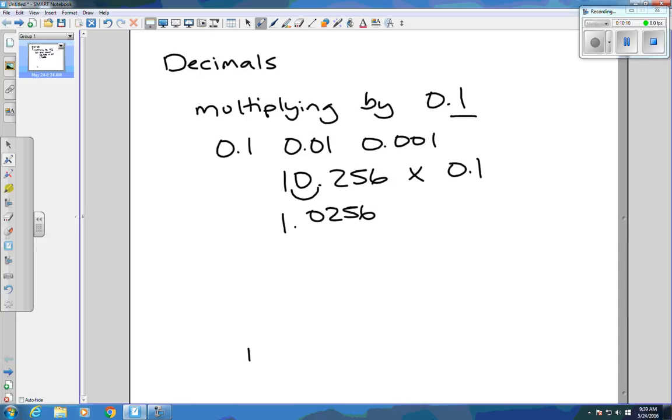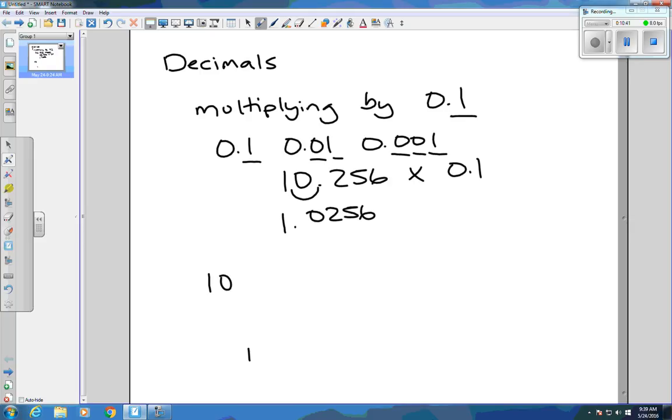But you will always think your rule is to move the decimal point to the left, all the numbers after the decimal point. So with 1/10, we have one number. With 100th, we have two numbers. And 1,000th, we have three numbers. So that's how we would move our decimal point. Again, can you easily pull out your calculator and just multiply the number by the number we give you? Absolutely. But this is just a quick method to do it.